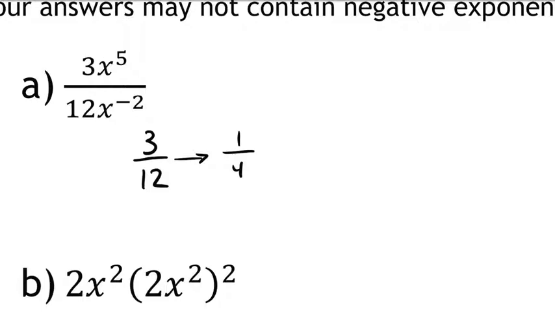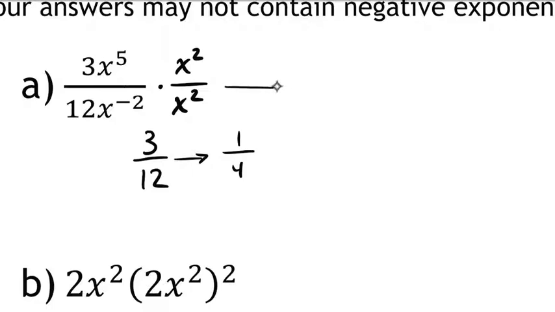The other thing that's at work is I do have this negative exponent of x to the negative second. And if I multiply both the numerator and denominator of this by x squared over x squared, that is equal to exactly 1. So I'm not changing the value of this expression, I'm just changing the way that it looks.